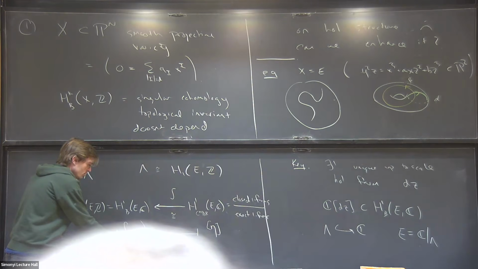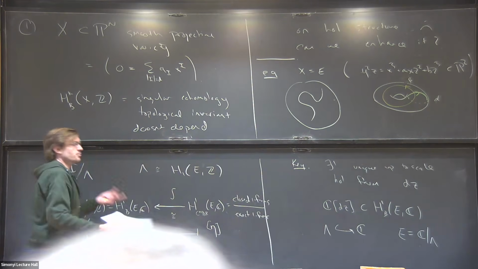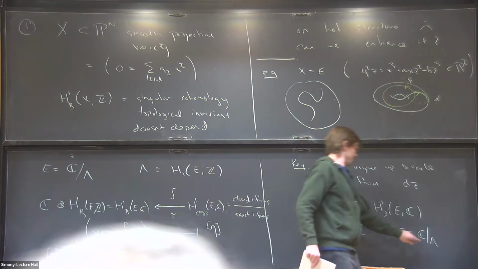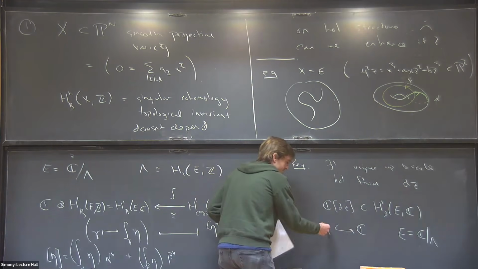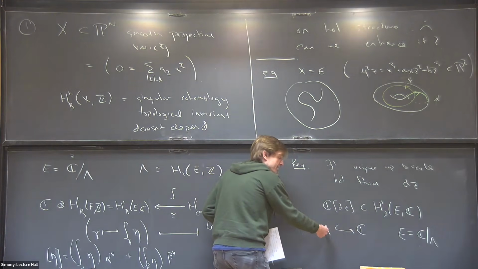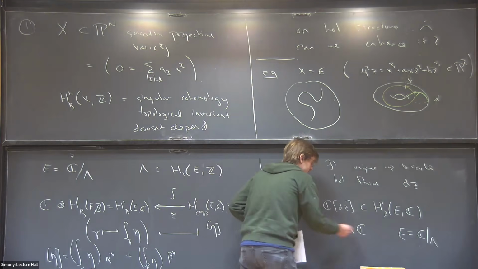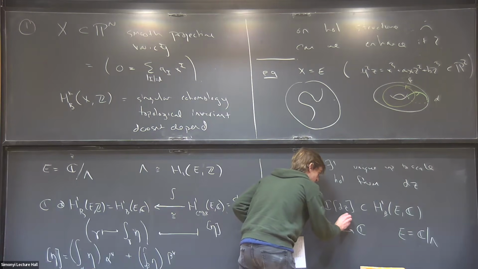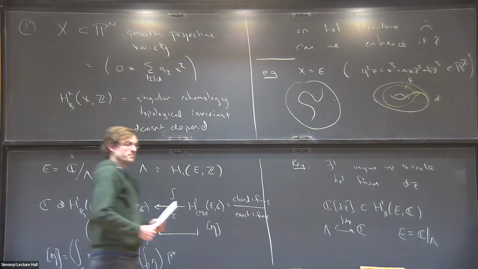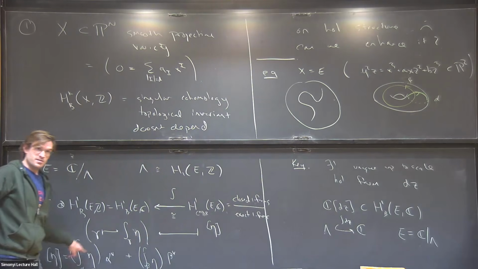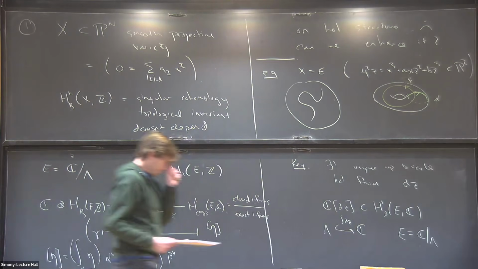And those two coordinates generate a lattice. And that's what gives you, we identified this lattice with the H lower one. So this map is literally the integration along dz map. Right? But that is just taking the coefficients in an integral basis. Okay.